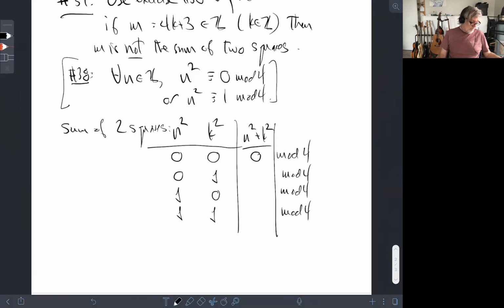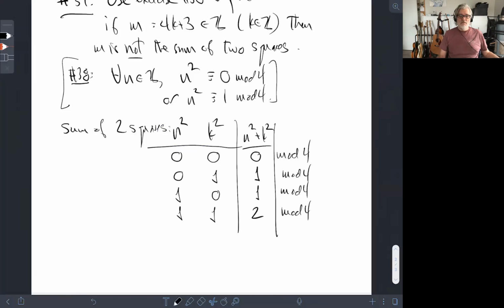If n squared is 0 mod 4 and k squared is 1 mod 4, you always keep in mind that you can add the right way. Everything will be respected. So this is 1, this is 1, and this is 2, right?